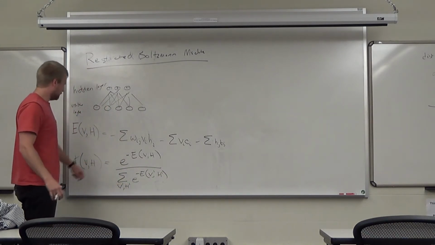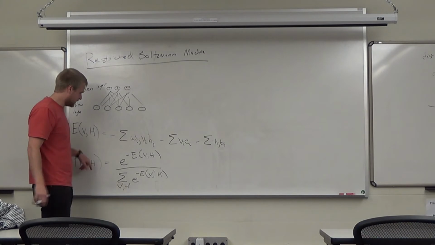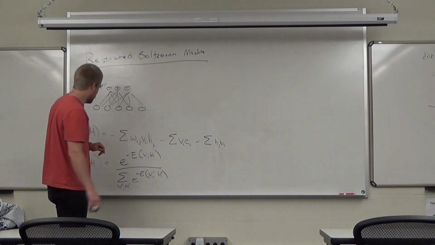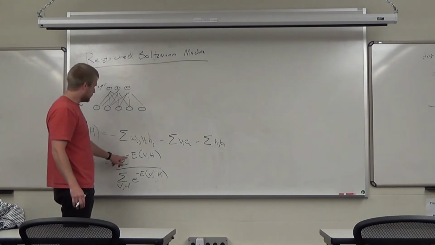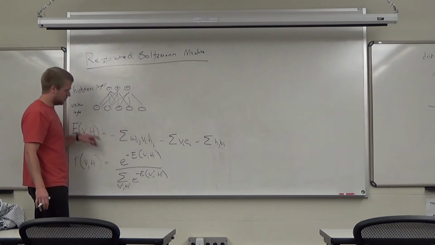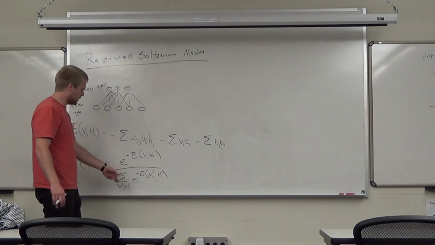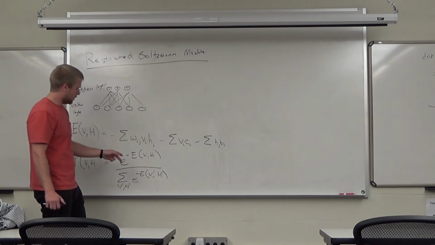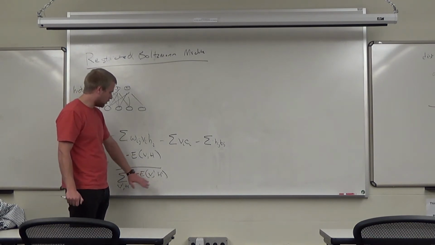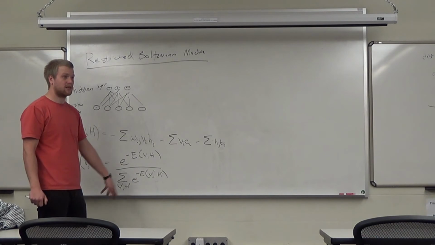The probability of a given activation assignment is e to the negative energy of the assignment over the sum of e to the negative energy of all other assignments summed together.